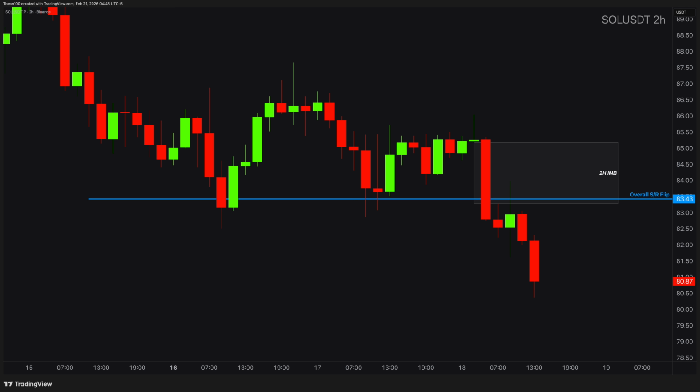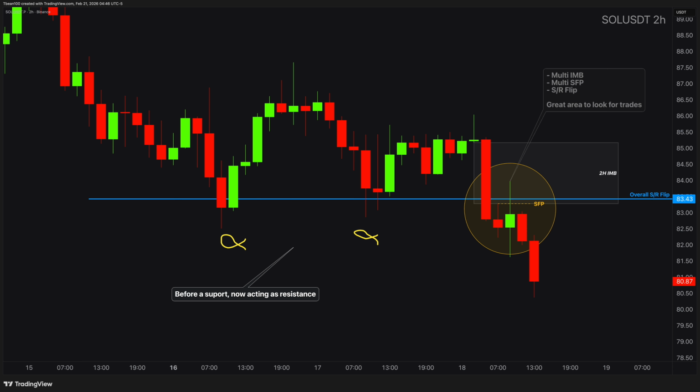As you can see, this move happened right inside a significant support and resistance flip location. It was a strong old support level that later turned into a resistance area. And right here at that level, you can clearly see a nice swing failure pattern forming. So everything is lining up together here, including multi-imbalances, multi-swing failures, and SR flip location on the higher time frame.